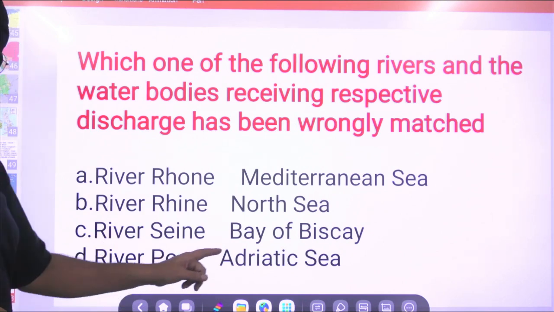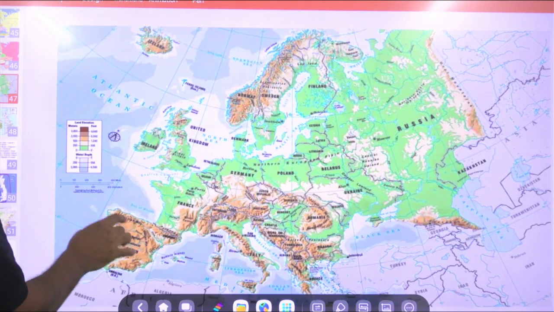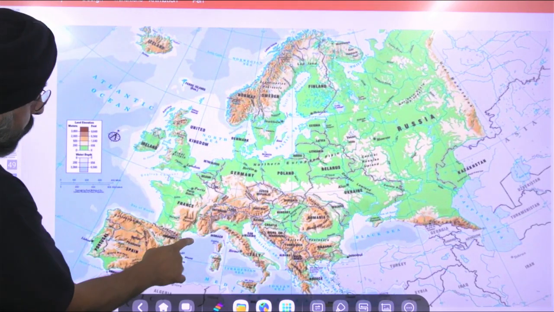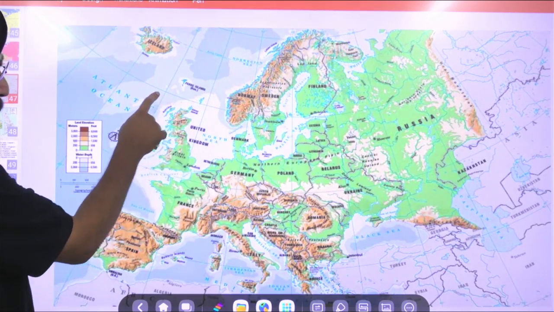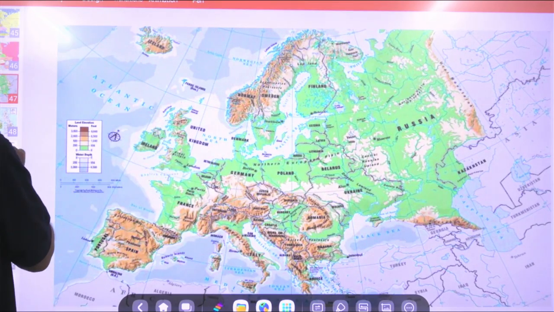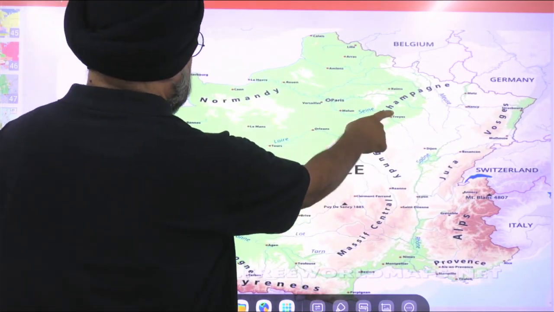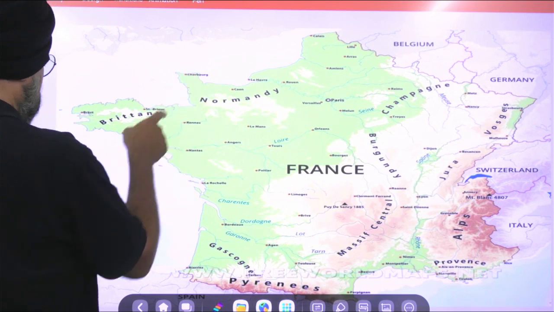River Po, Adriatic Sea. It's perfectly fine. Let's go back. See here. This is the river Rhone coming down. River Rhine, northward. River Seine. See here, in France, this is the River Seine. It's going over here into the English Channel, not into the Bay of Biscay.